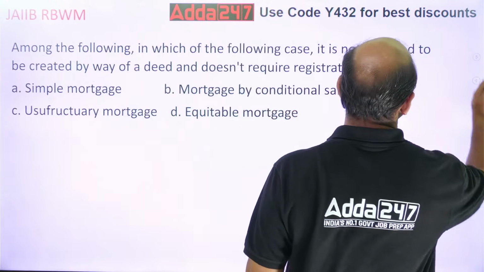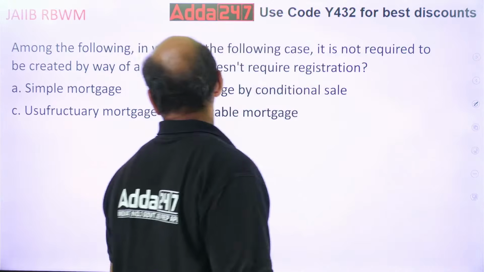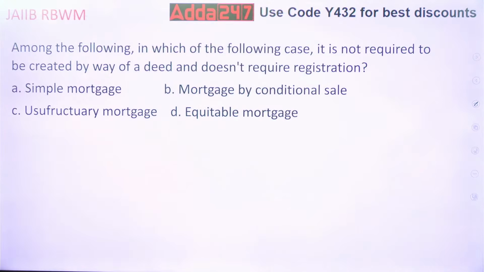Among the following, in which case is it not required to be created by way of deed and does not require registration? Which of these is not required to be registered?